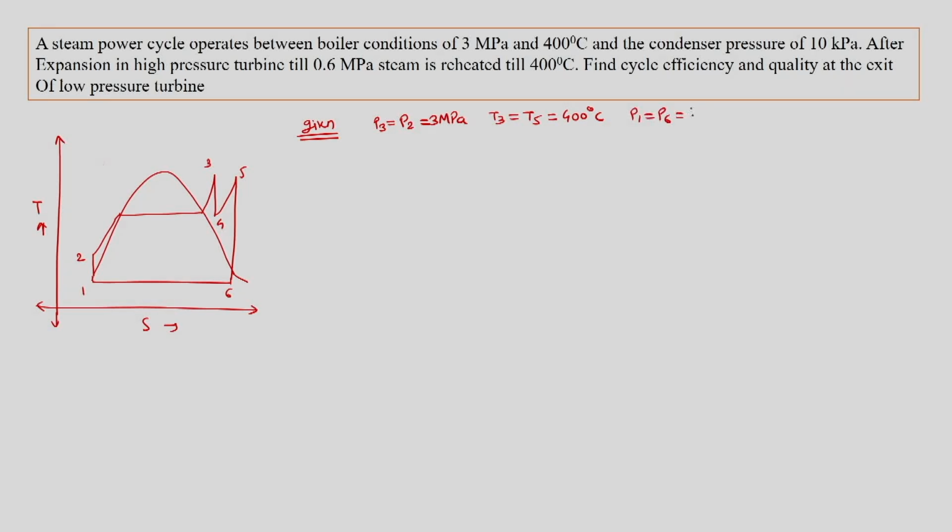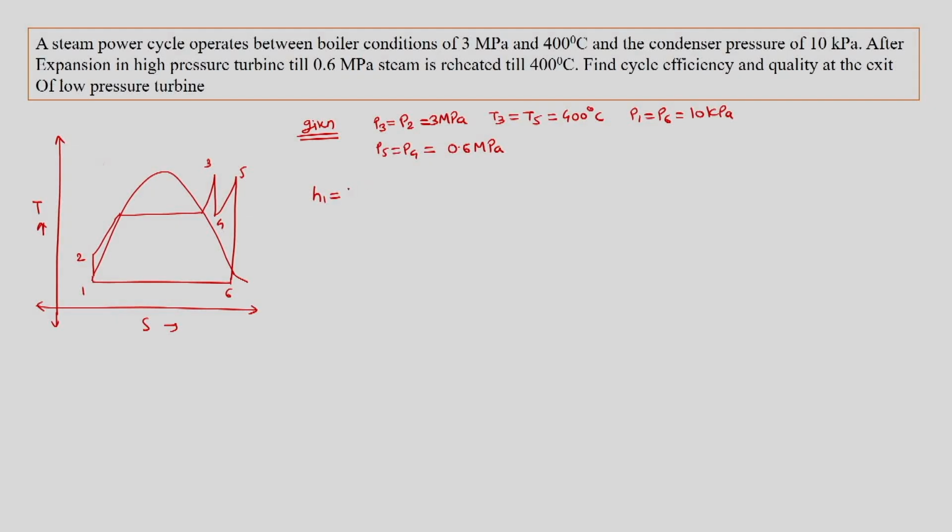P1 is equal to P6 is equal to 10 kPa, and then P5 is equal to P4 is equal to 0.6 megapascal. Then here we will go ahead with our classical known things first.